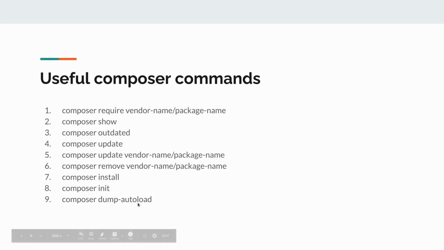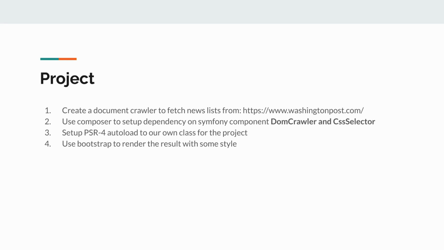That would generally create an autoload file that you could include in a project. So these are some of the key commands. We will use those in our practical session as well, but it would be good to keep them memorized to use Composer while you're working with projects.